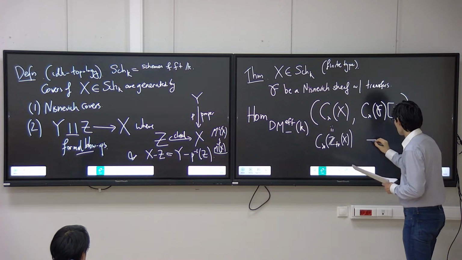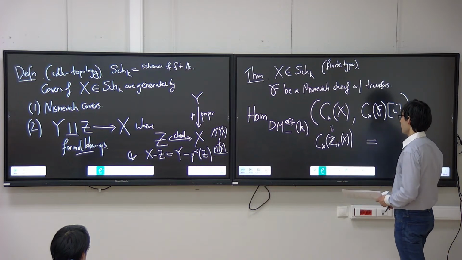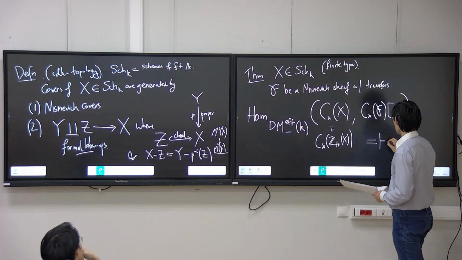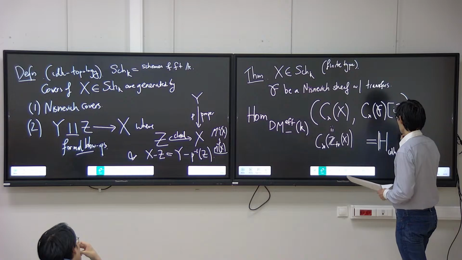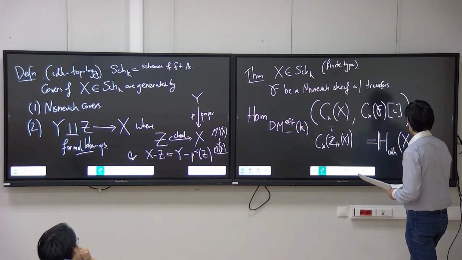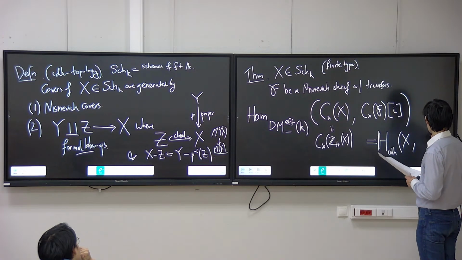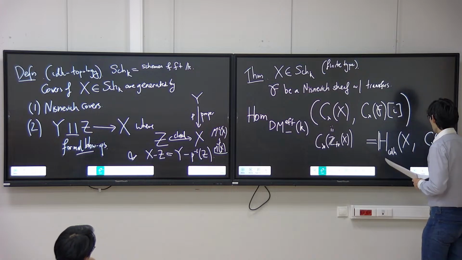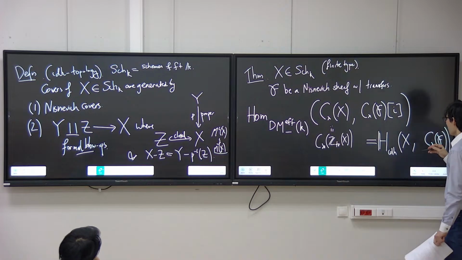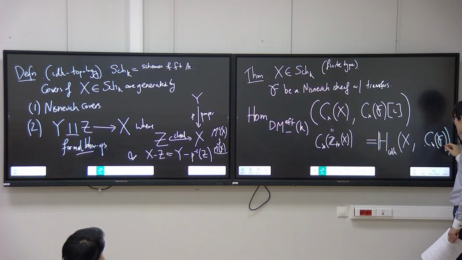And this is the same as the CDH cohomology of X of this complex. Okay, so this is not a sheaf, right?